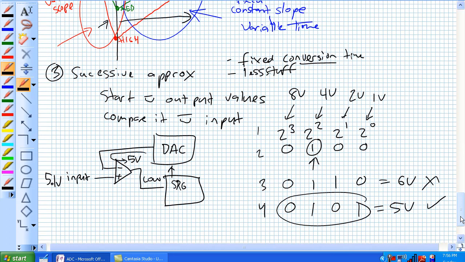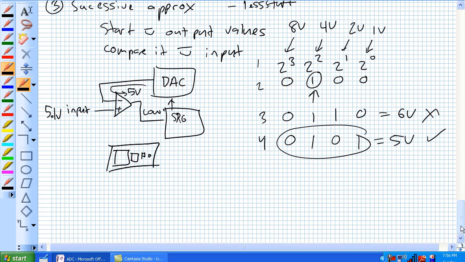Okay, so successive approximation, the way I like to think of this too is pretend you're a kid with a bunch of square-shaped holes in a piece of board, and you've got your blocks that you're trying to fit through that thing.